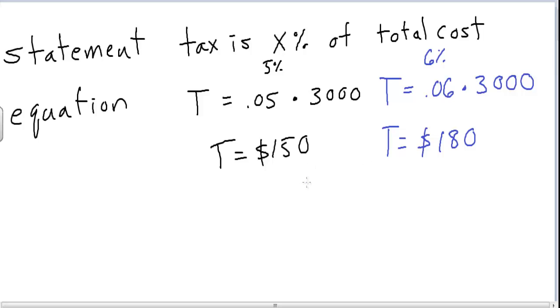So we say, what's the difference between 180 and 150? I'll subtract, $30. So if the Greens would have bought in before 2008 as opposed to after 2008, they would have saved $30 on the sales tax.